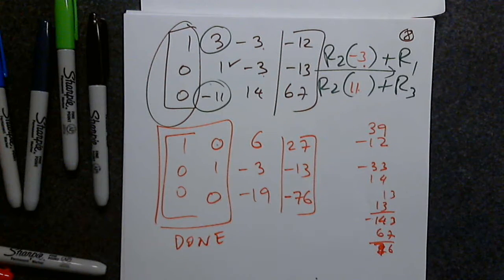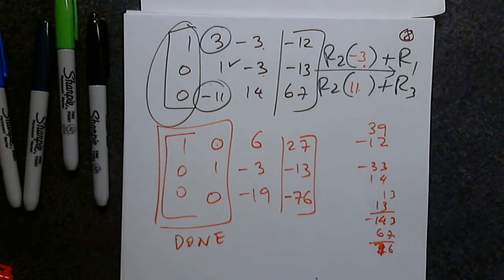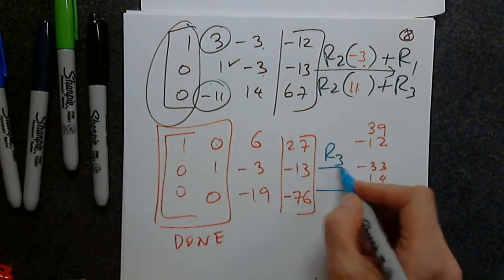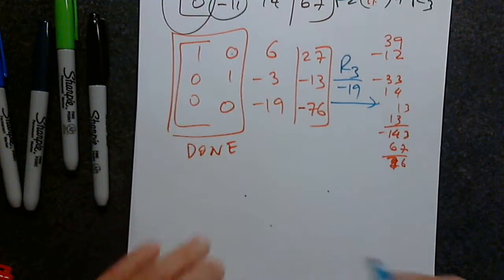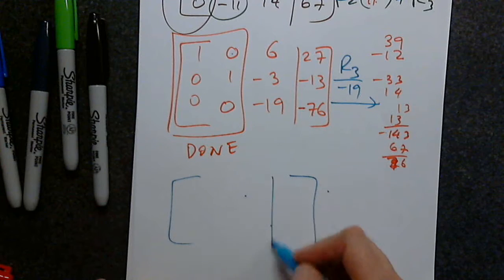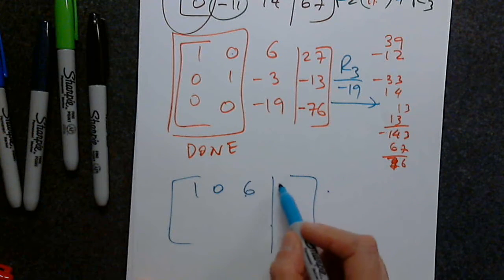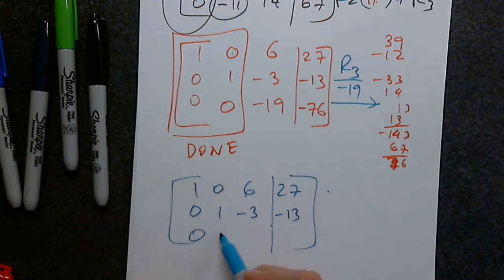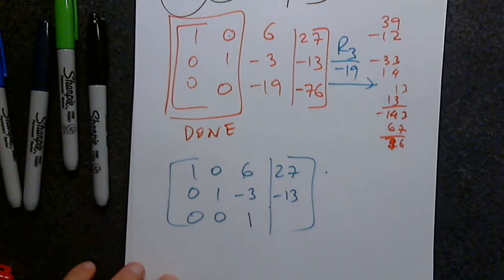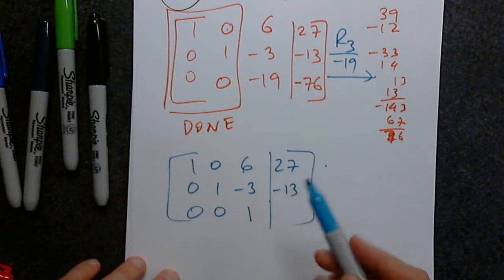Where am I now? So I have to divide both sides. In other words, I divide the third row by negative 19. So row 3 gets divided by negative 19. 1, 0, 6, 27, 0, 1, negative 3, negative 13, 0, 0, 1, 4.